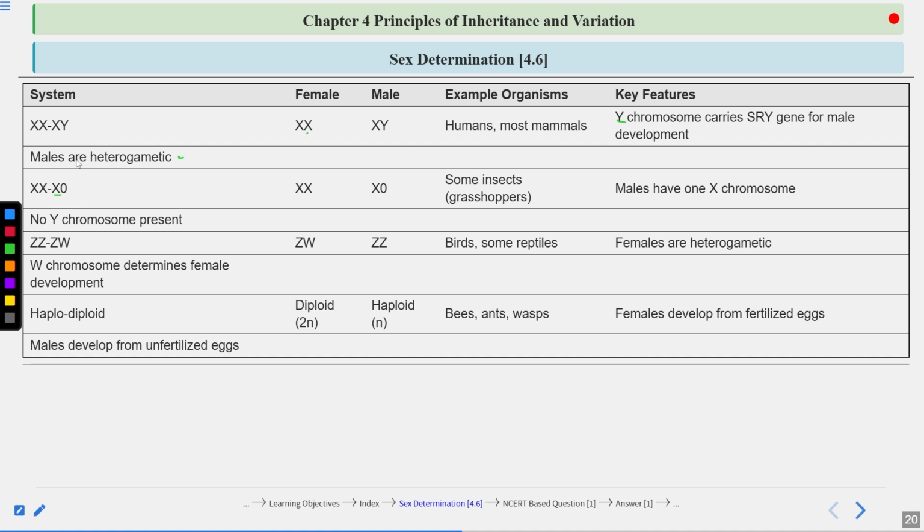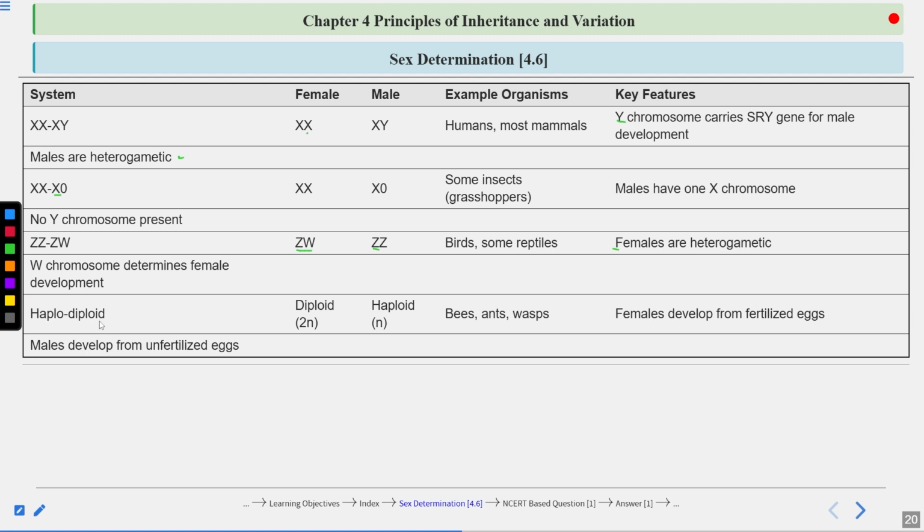So usually in the XY and X0 systems, males determine the sex of the child, but in case of ZZ and ZW, the female determines the sex of the offspring or the chicks, because this system is present in birds. Here the females are ZW, they are heterochromatic. So females are heterochromatic, males are homochromatic. Examples are birds and some reptiles as well. Females will determine the sex of the chick here.